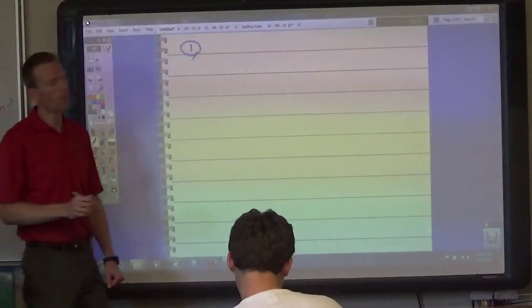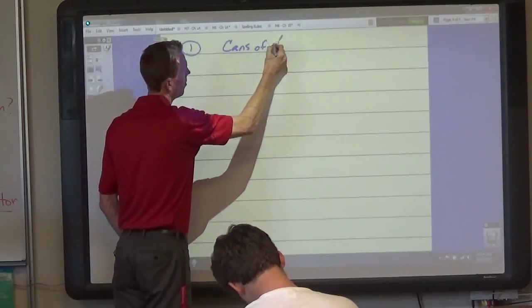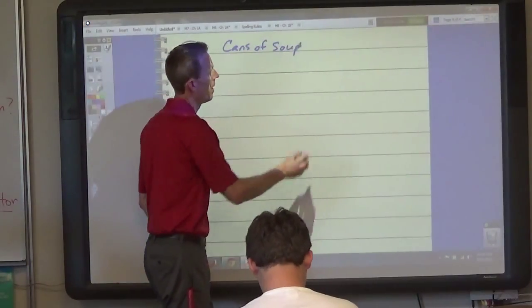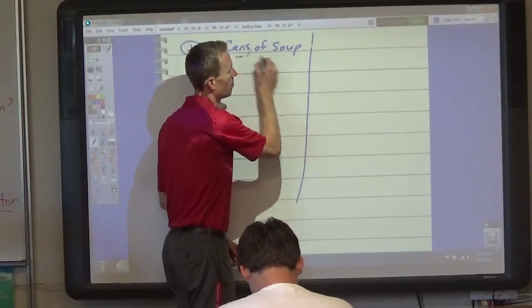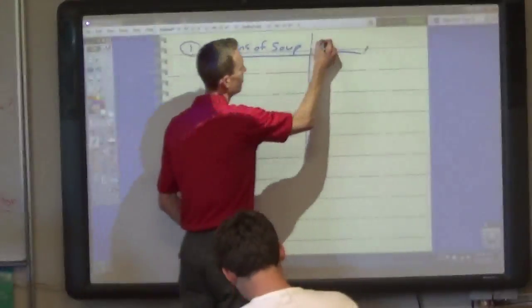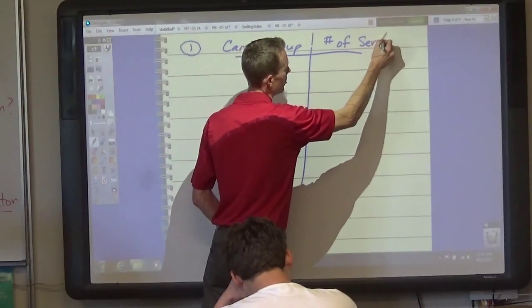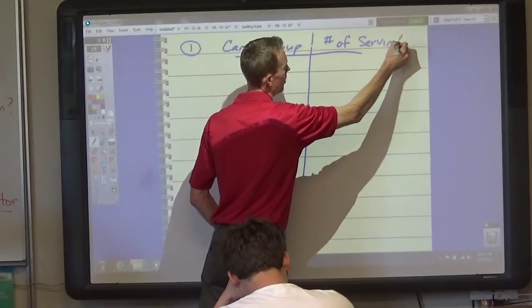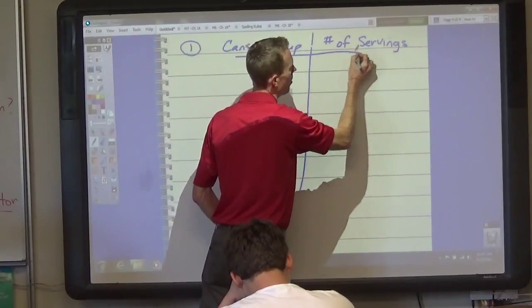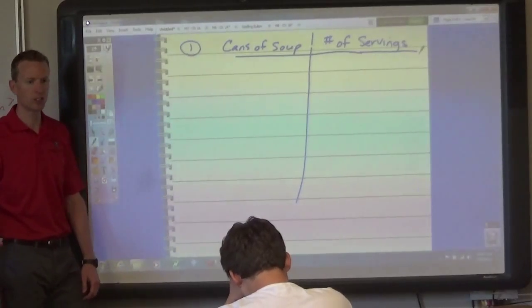And in the chart, we have cans of soup and we have number of servings. So we're trying to feed a certain number of people, trying to figure out how many cans of soup to get.